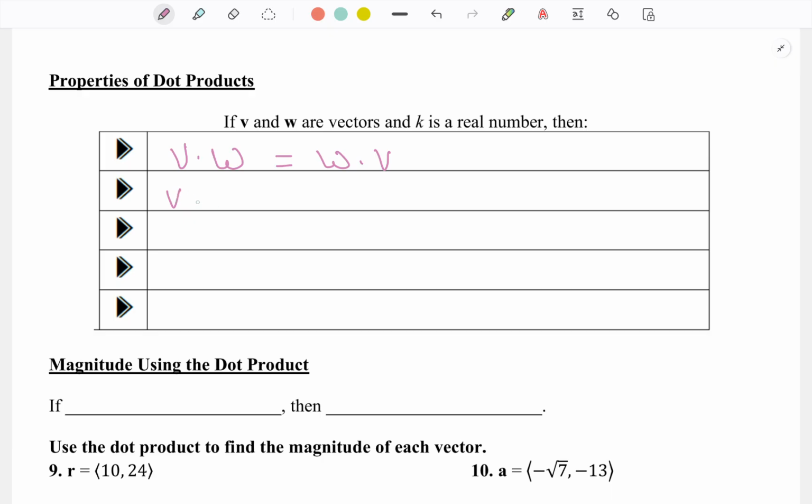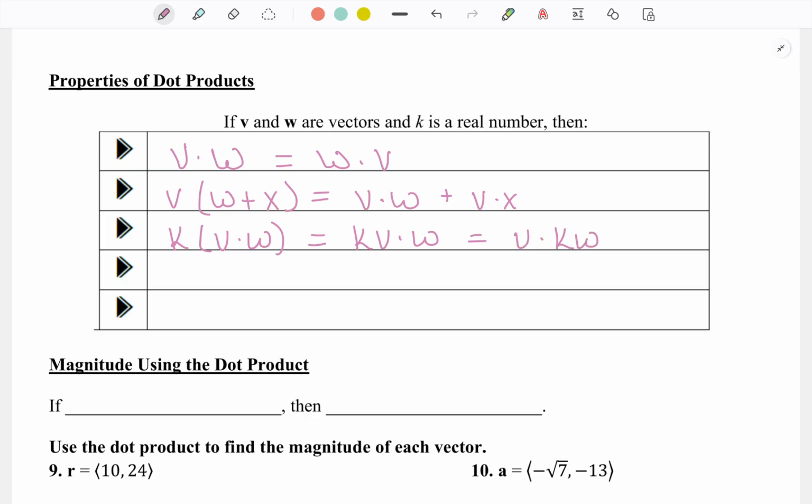If you wind up multiplying by a scalar, so use V as a scalar and have W plus X, it's going to work just like distribution usually does: V times W plus V times X. And then if you have K times V times W, so you're multiplying 3 together, then that will equal KV times W. And it will also equal V times KW.